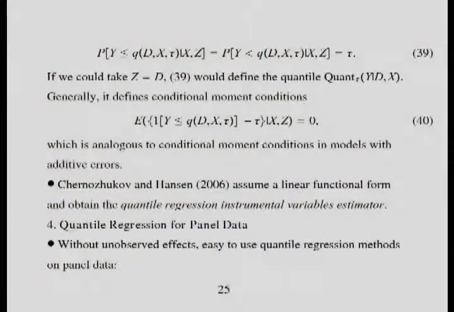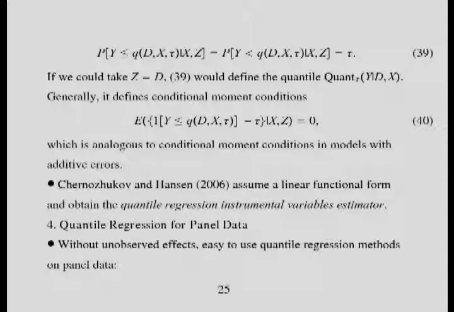So the key identifying condition, I'm going to have to run through this to get anywhere close to even talking about the panel data case, or I should say the key insight, is that under the assumptions they impose, they can actually show that the quantile function Q satisfies what's essentially a moment condition.